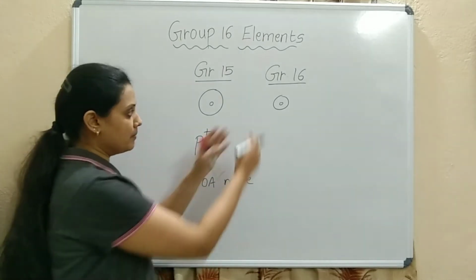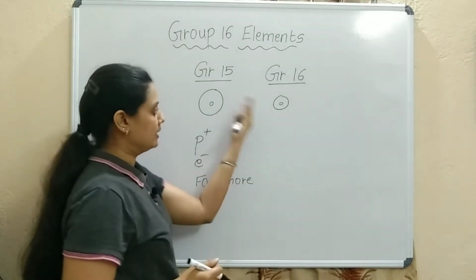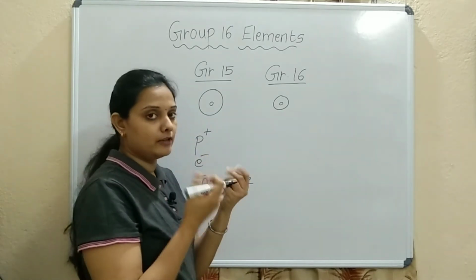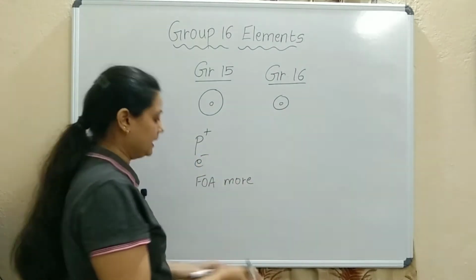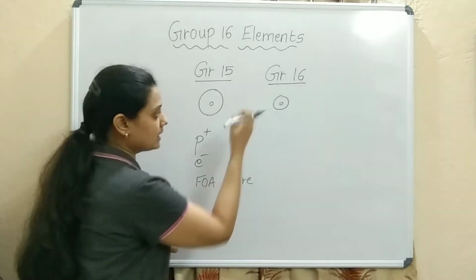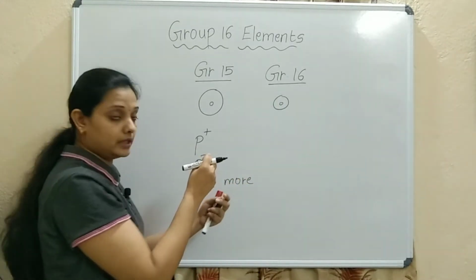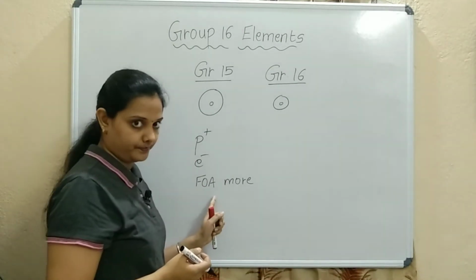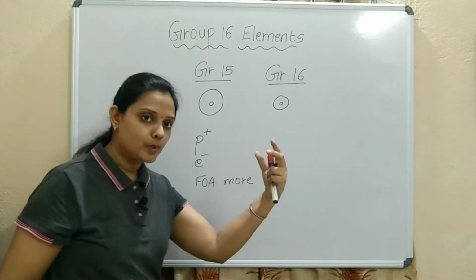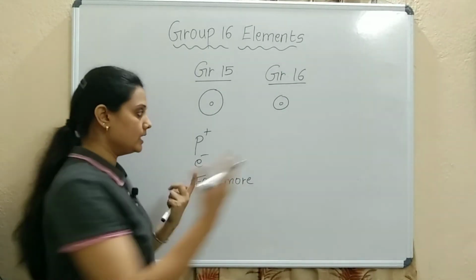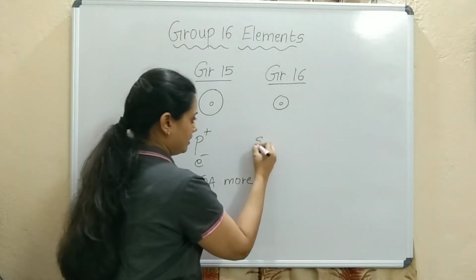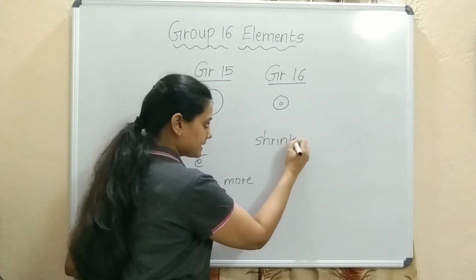As the number of protons and electrons increases, the force of attraction will be strong. Therefore, the nucleus will try to pull the electrons towards itself. So what happens? The atom size goes on decreasing, or we can write, the atom shrinks.